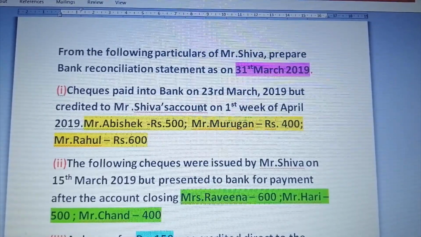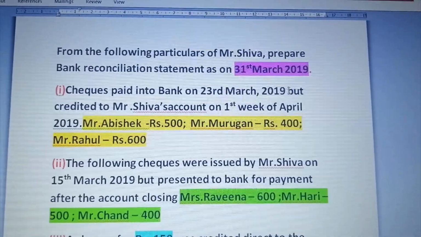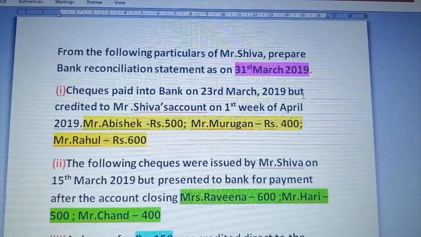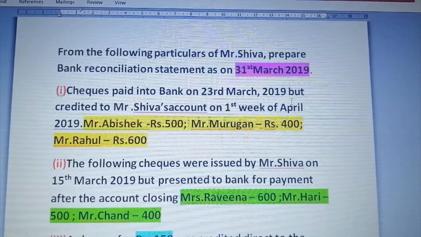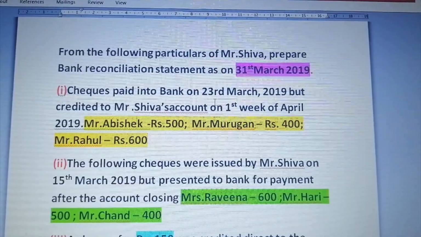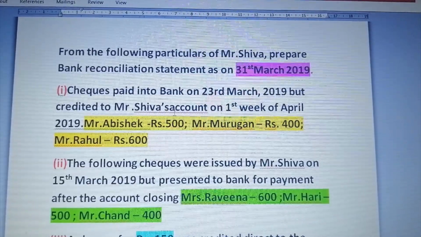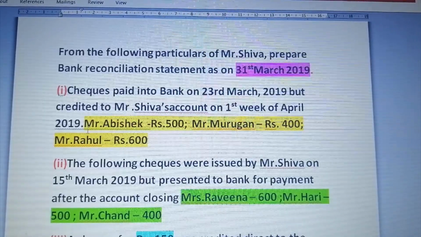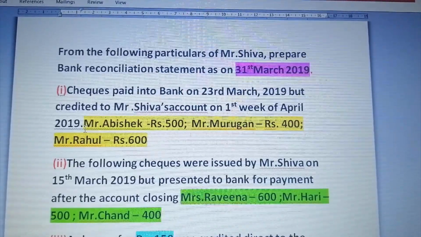Clear? Now we have to see what will happen in passbook balance. See here, they are telling that this amount is credited to Mr. Shiva's account, that is customer's account, in the first week of April 2019 only.